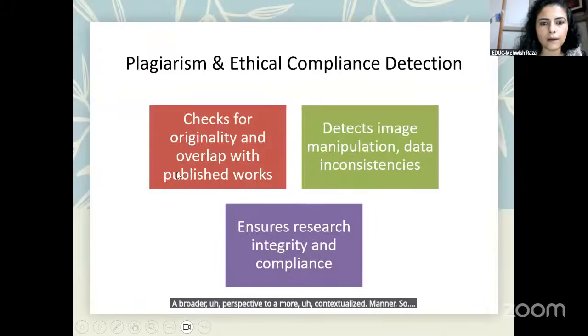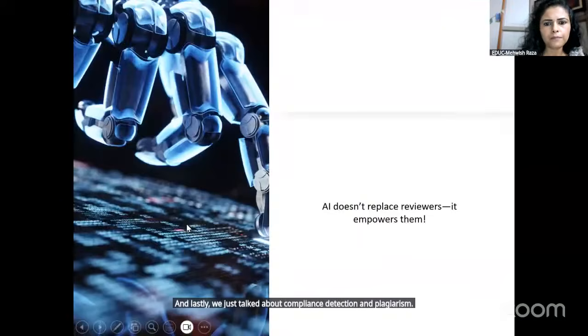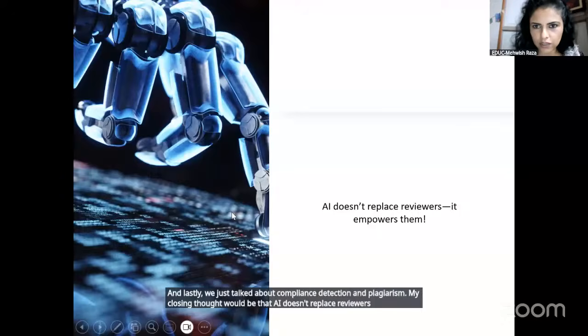And lastly, we just talked about compliance detection and plagiarism. My closing thought would be that AI doesn't replace reviewers, rather, it only empowers us.